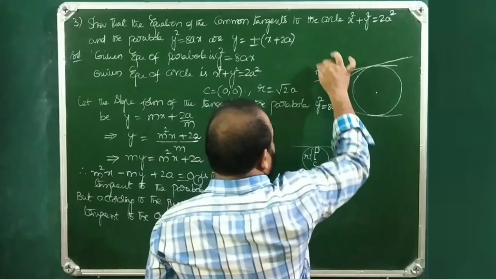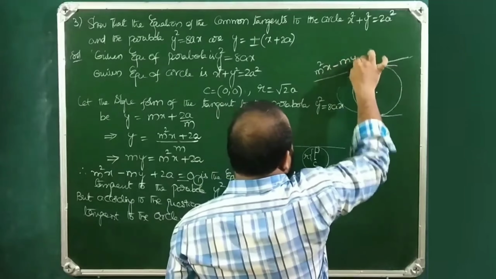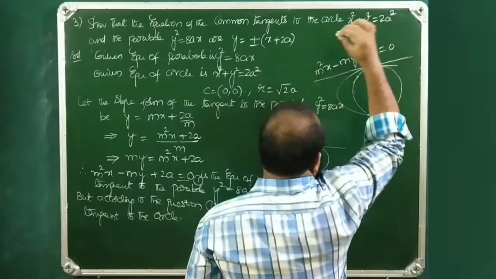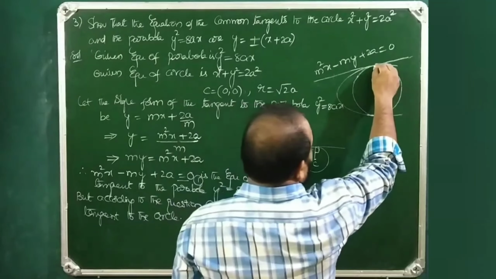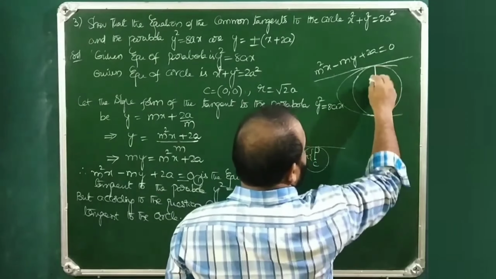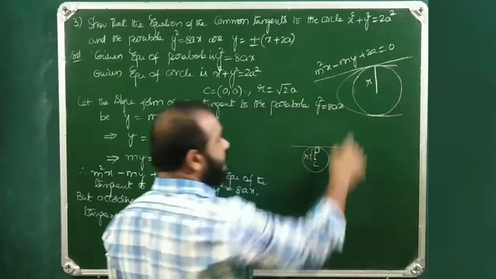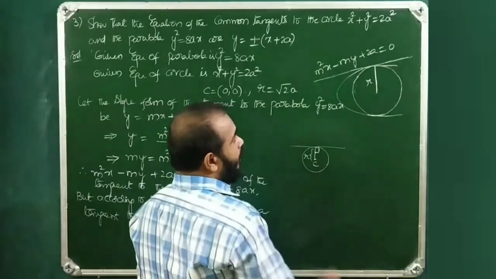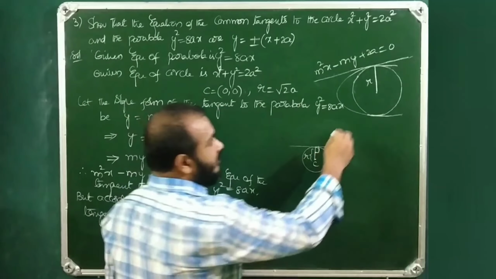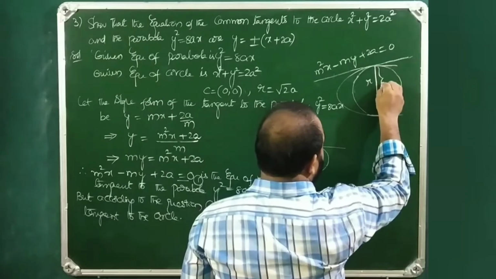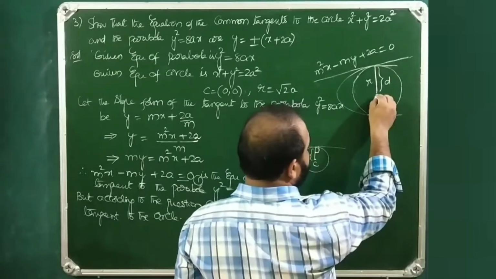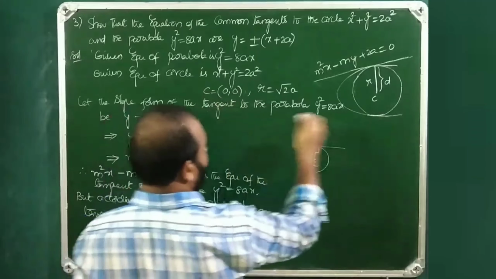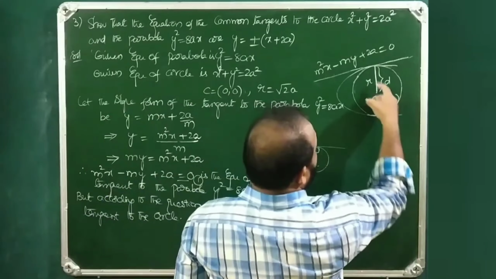What is the radius of this circle? Root 2a. And what is this D here? D is the perpendicular distance from the center of the circle 0, 0 to this line.